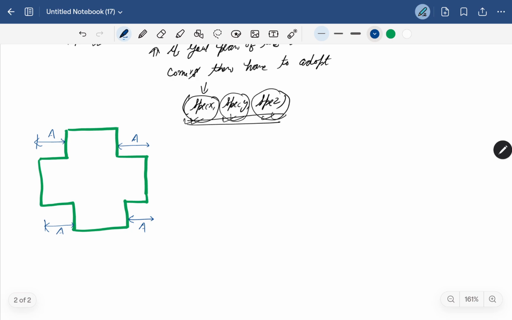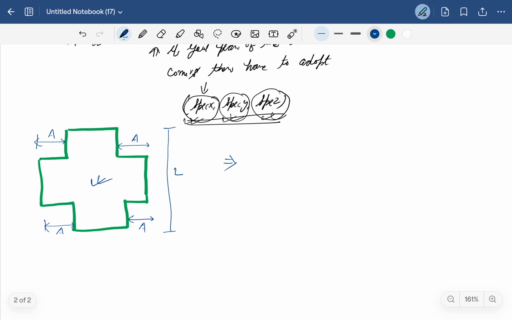And the total length is L. Suppose your plan is like this. First you will have to see whether this plan is reentrant or not.